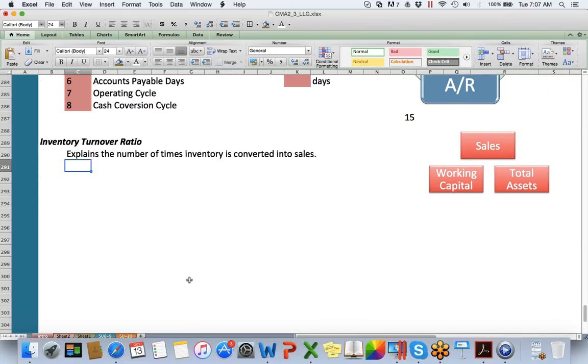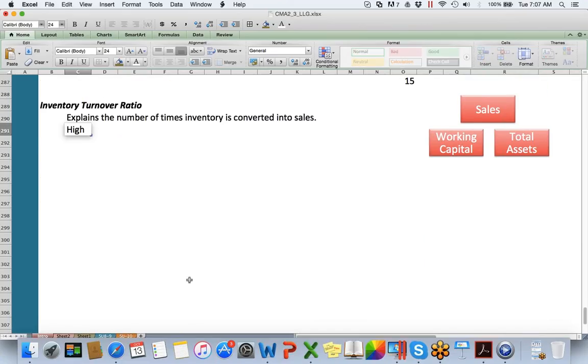So the higher the ratio, the better. Higher the ratio, higher the efficiency. So always try to have a higher inventory turnover ratio, which means that the inventory is sold faster.